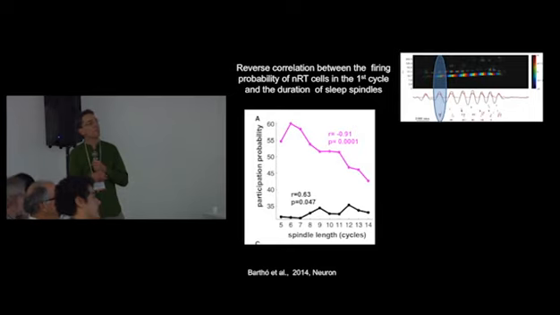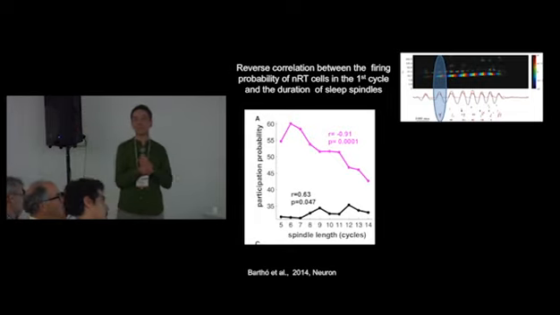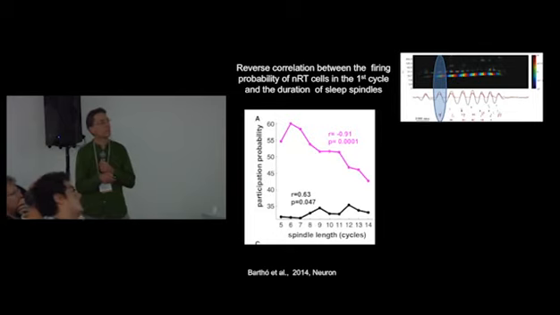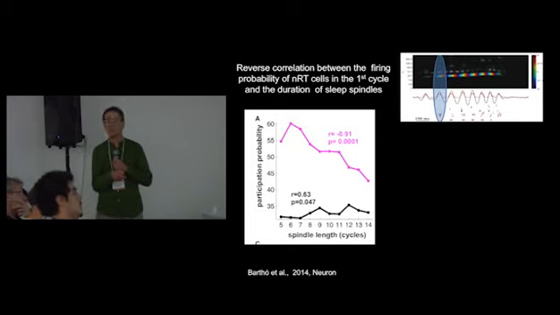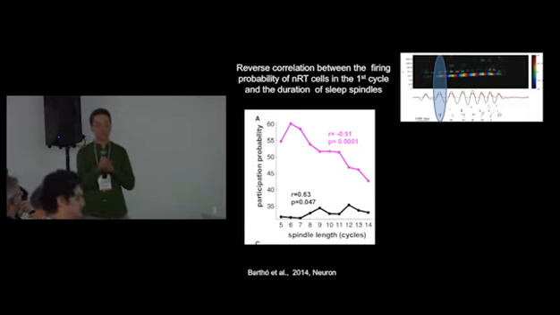But in case of the NRT cells, you see an extremely strong reverse correlation, meaning that if you have lots of NRT cells participating in the first cycle, then almost all the time you will have short spindles. In contrast, if you have very few NRT cells participating, then almost in all cases you have very long spindles.